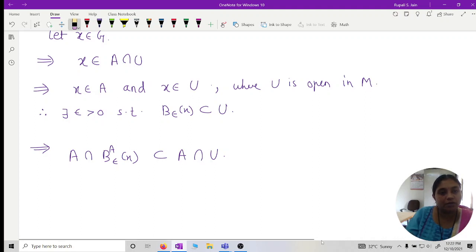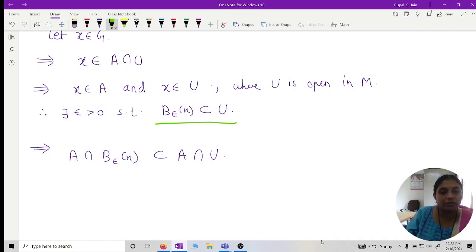Instead of A, I will write this, because you just take A intersection with this. So X belongs to this, X belongs to U also. Now if I take A intersection with this set, it will be contained in A intersection U. Is that right?